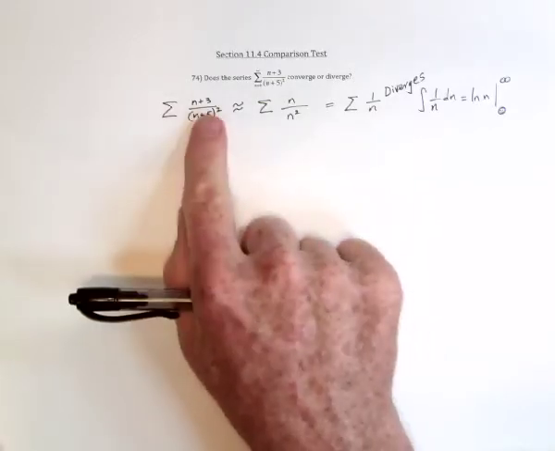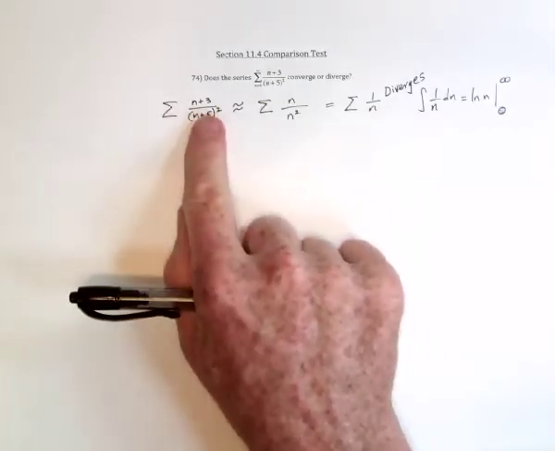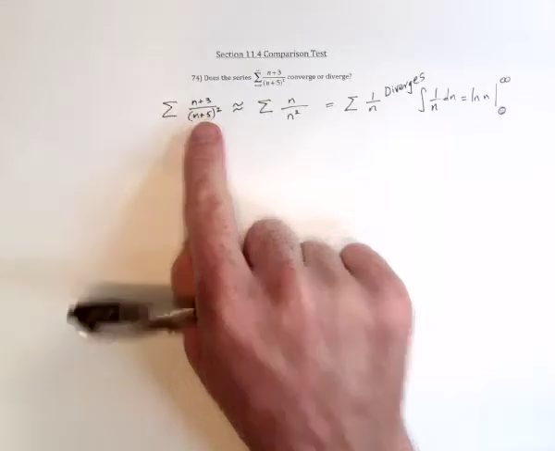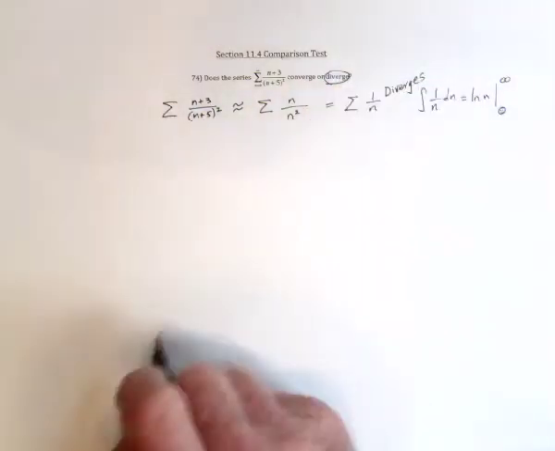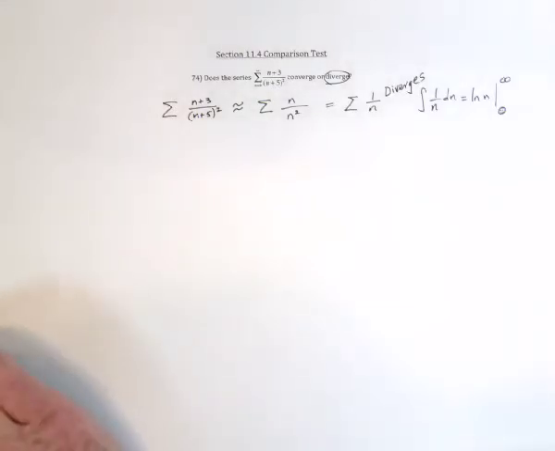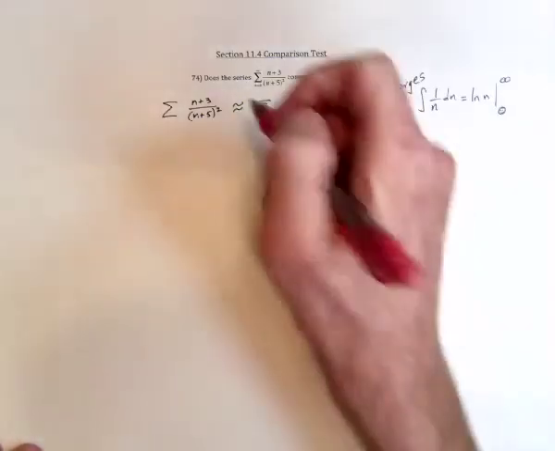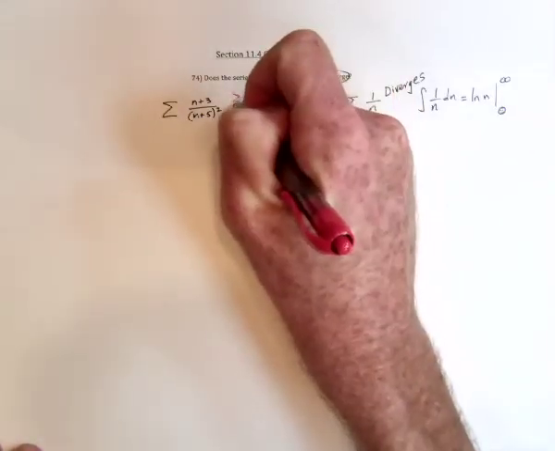So since this one, the problem we were given, is approximately equal to that, it's approximately equal to infinity, well, that means it equals infinity. So my guess is that it diverges. Now what you do with the comparison test is you say, well, if I could show that instead of approximately equals, I could show that this series is bigger than or equal.